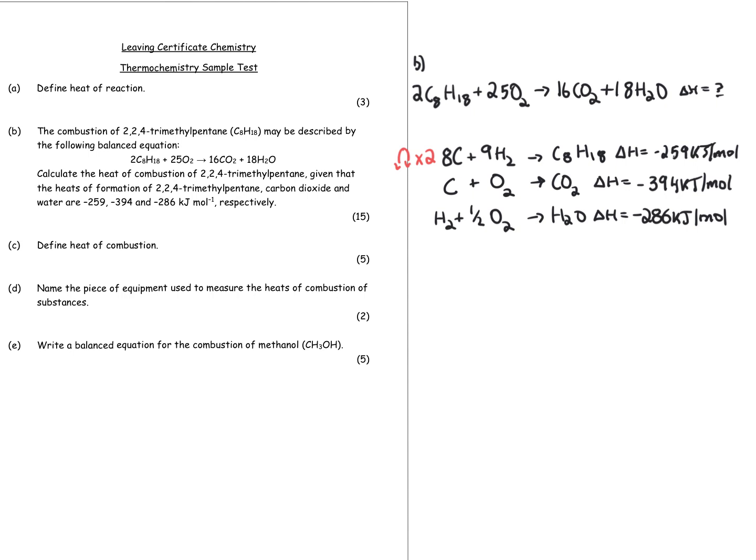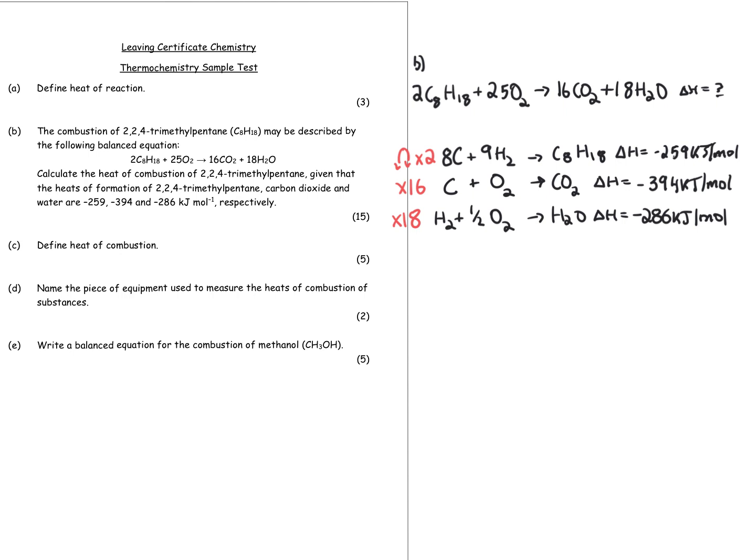We're going to leave the oxygen for the minute and go straight to the carbon dioxide. We need it on the right hand side, but we need 16 of them, so we're going to multiply the second line by 16. And on the final line, we need 18H2O on the right hand side. That's on the right hand side at the moment, which is grand, but we've only got one, so we need to multiply by 18.